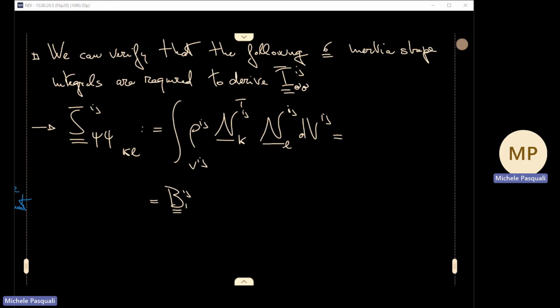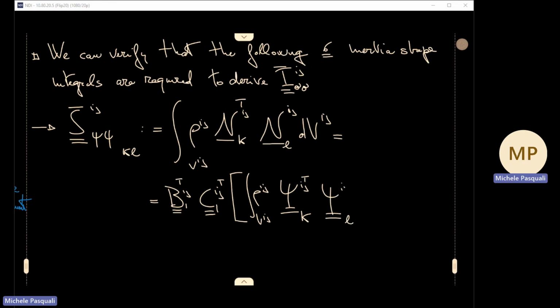And this of course can be written also as B1 ij transposed applied over C1 ij transposed, all of this being applied over the integral over the volume of our element of C k transposed ij applied over psi L ij, integrated over the volume of our element, C1 ij B1 ij.